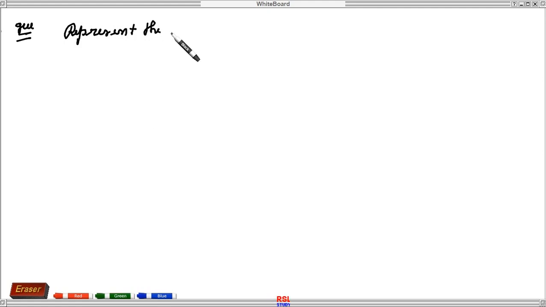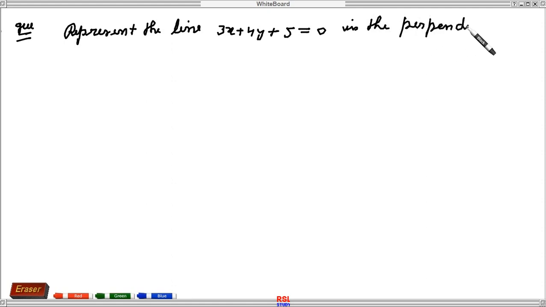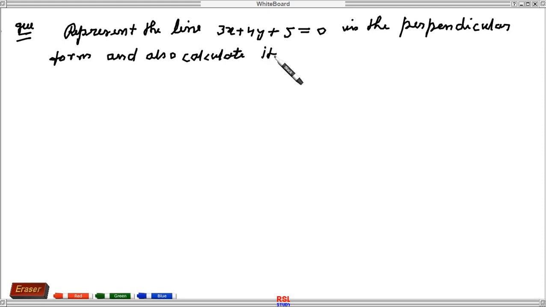Now we'll see another question. Represent the line 3x plus 4y plus 5 equal to 0 in the perpendicular form, and also calculate its distance from the origin.